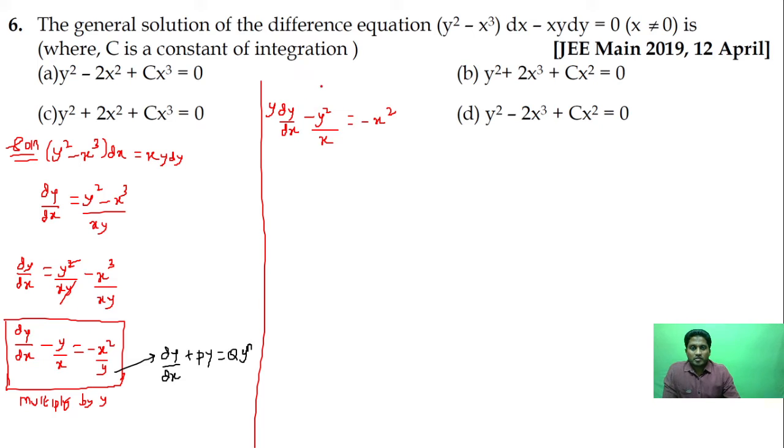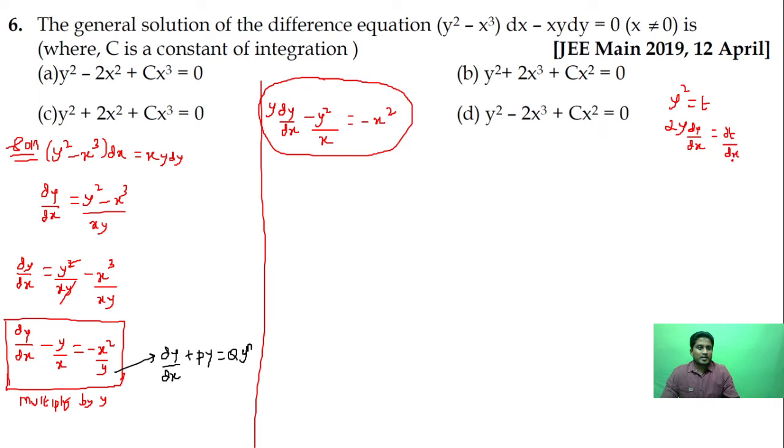Now I'm going to put y square equal to t. If I differentiate, you get 2y into dy by dx is equal to dt by dx. From this you can write y into dy by dx is equal to 1 by 2 into dt by dx.